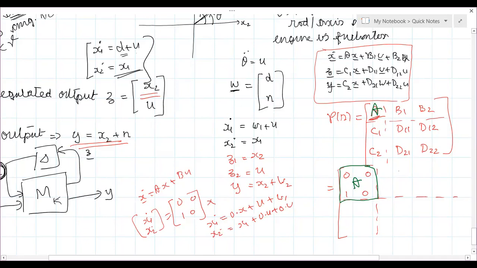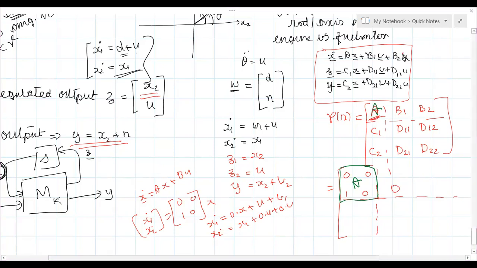Right? So you tell me what is your B1 here? 1 0. Okay. What about B2? B2 corresponds to the W, is it not? Sorry, B1 corresponds to W. What about B2? 1 0. Only 1 0?